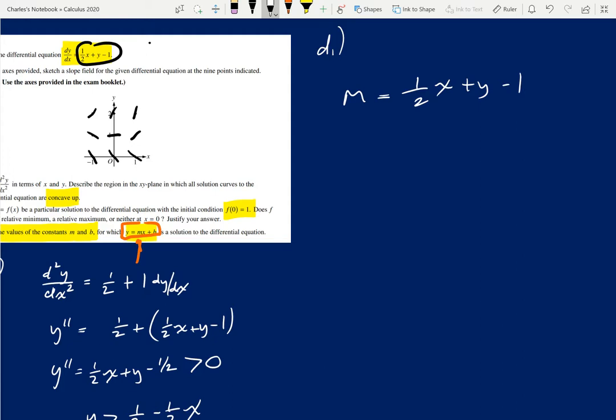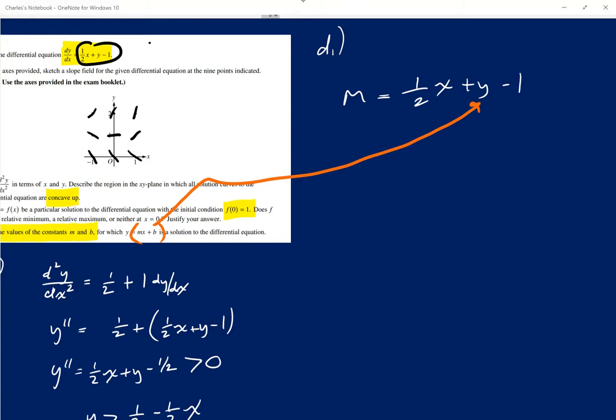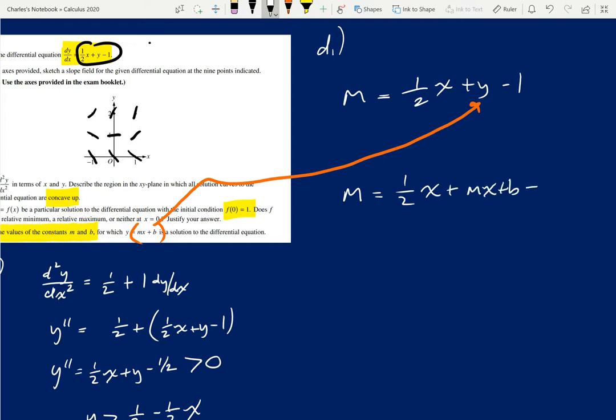But I know what y is, because y is equal to mx plus b, so I'm going to substitute that. You can tell already that we've got a whole lot of variables: the x and the y, and then another letter that represents a constant. So this is going to be 1/2 x plus mx plus b minus 1. And this is going to be a solution to the differential equation if this is true for all x values.